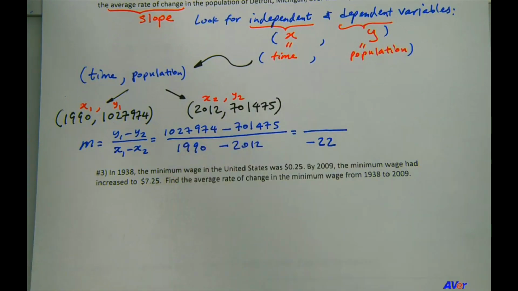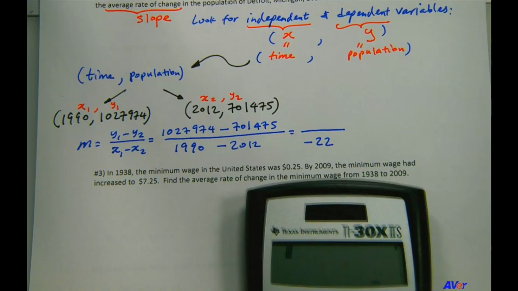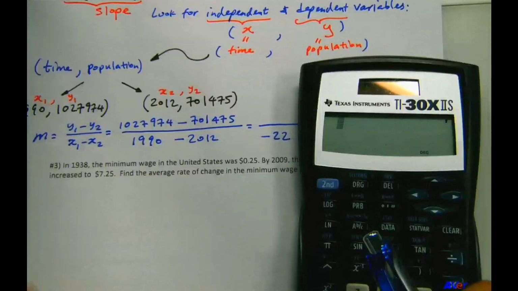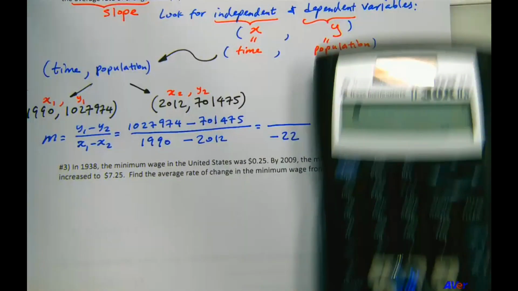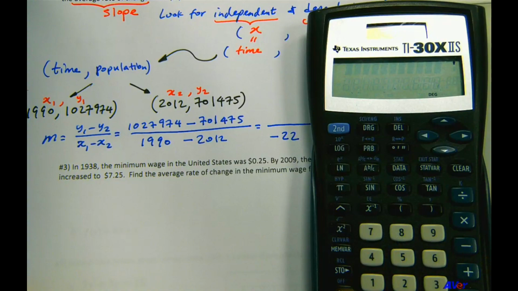Then let's subtract those two quantities. Here's my calculator to help me with that. I'm going to say 1,027,974.